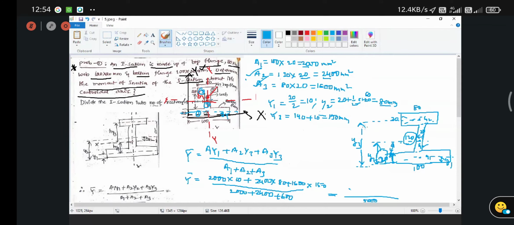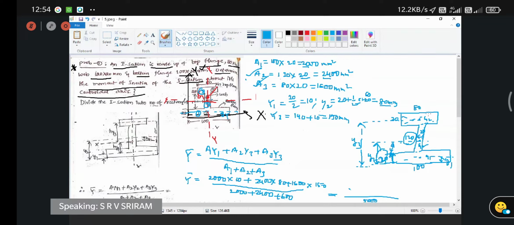A1 Y1 is 2000 into 10. A2 is 2400 into Y2, which is 20 plus 60, 80. Right, correct only. And Y3 is 20 plus 120, 140, plus half, 150.